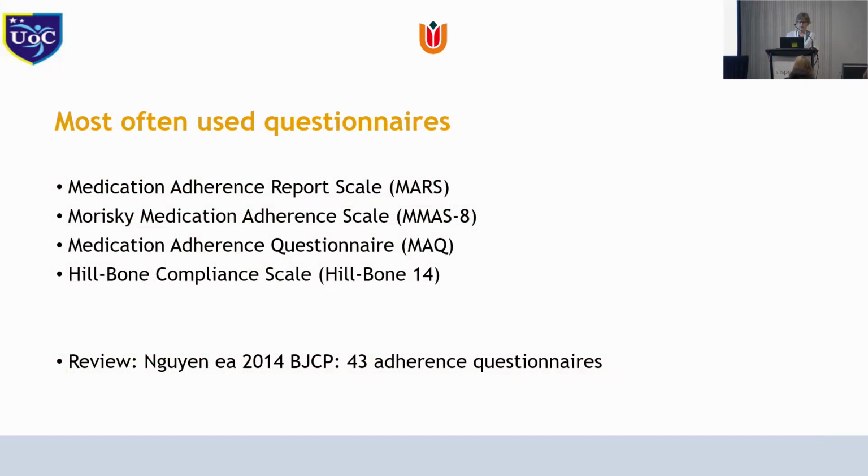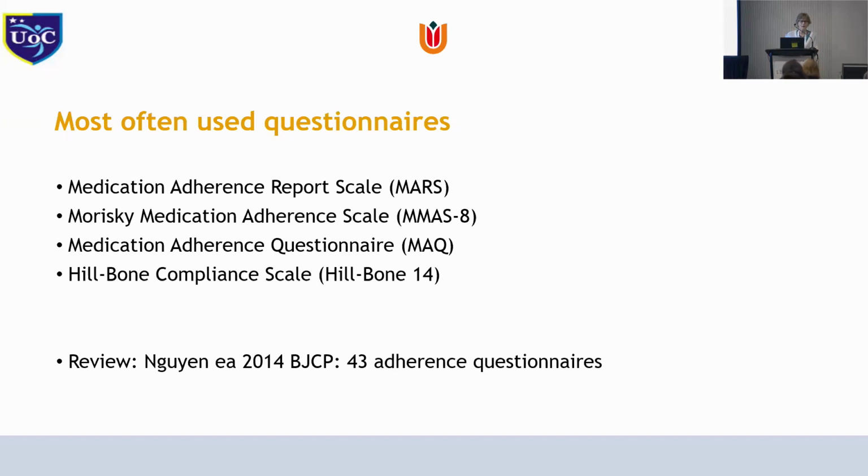Most often used questionnaires are described in a review by Nguyen et al. They found 43 different questionnaires for measuring adherence. So that's difficult to select one. But the most often used questionnaires I present here: the MARS questionnaire, consisting of 5 questions answered on a 5-point Likert scale. The Morisky Medication Adherence Scale, 8 questions simply answered by yes or no. But you must be careful, Morisky will ask you to pay for it if you want to use it.